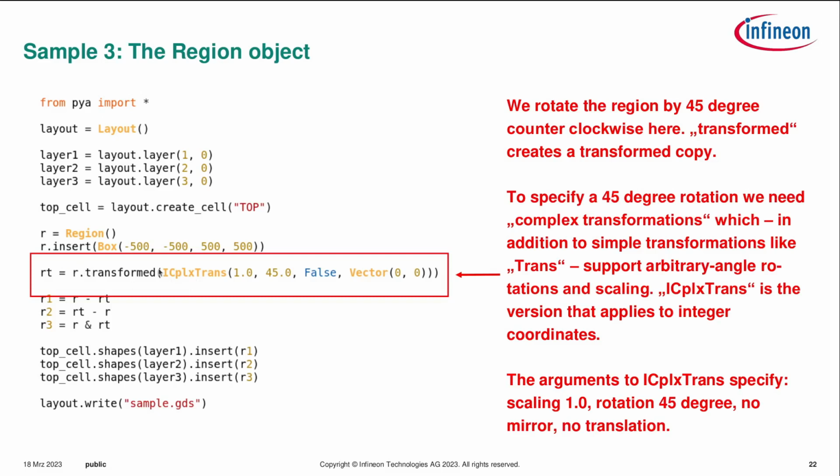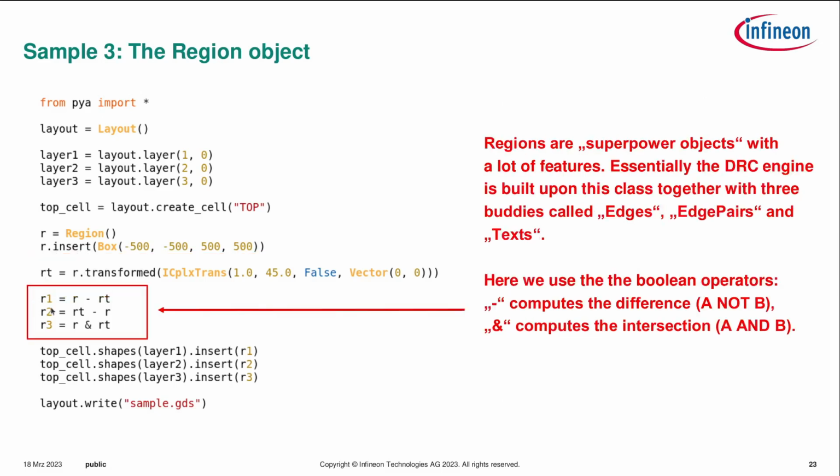So here we are just creating a complex transformation implementing the rotation. I use the transformed function, which takes the region, applies this transformation, and returns the transformed copy. And then I compute the difference. So the minus is the geometrical difference.